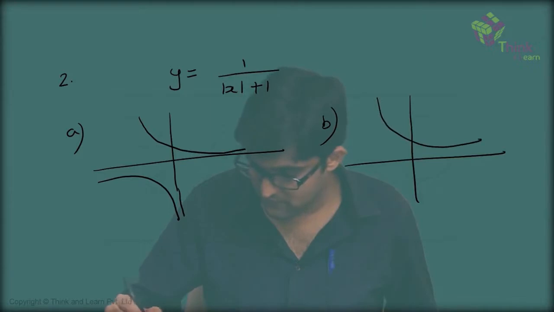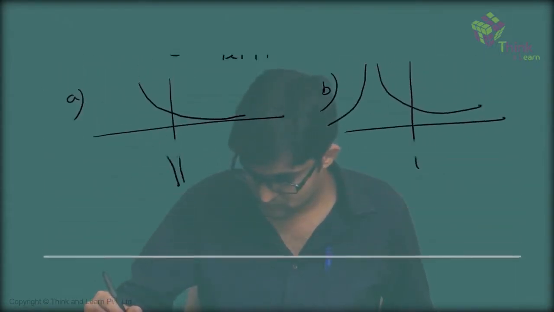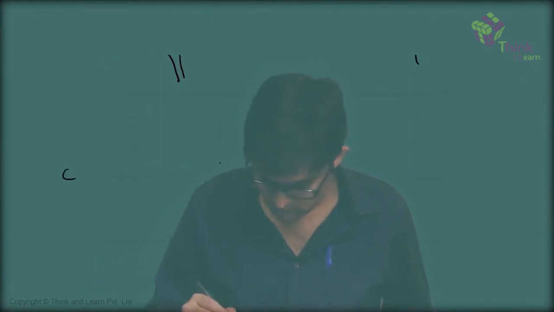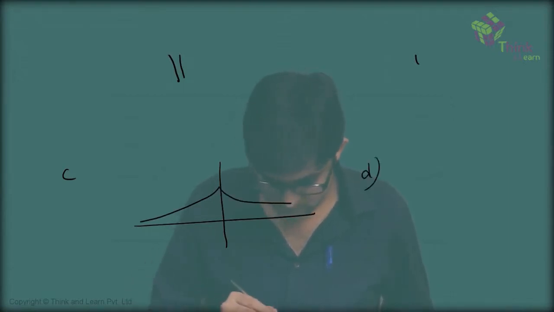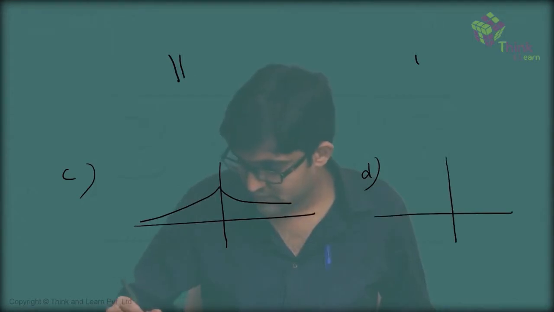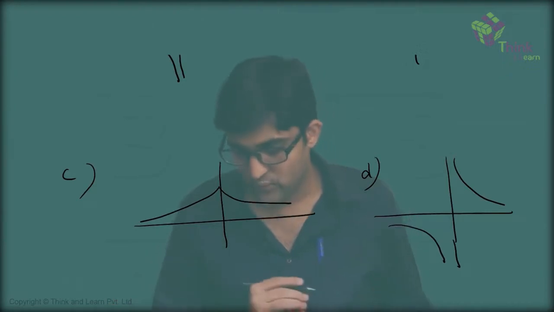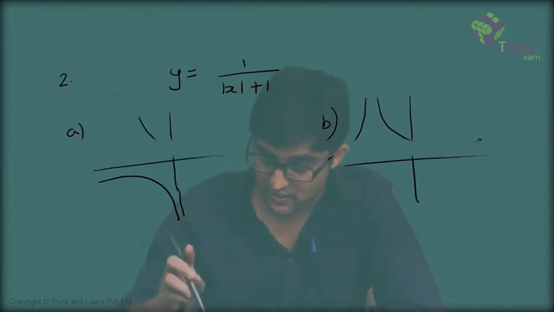Option B, something like this. Option C, and option D is something like this. The question is to find which particular answer option represents this function here.